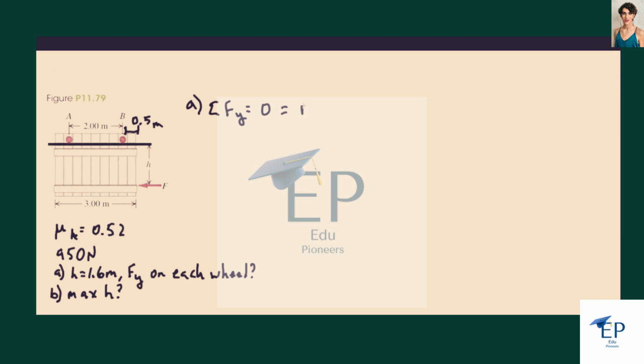The normal forces on A and B have to add up to be equal to the weight of the door. The horizontal components of the forces add up to be 0 because it's not accelerating.